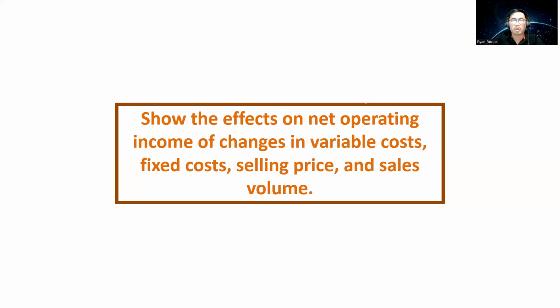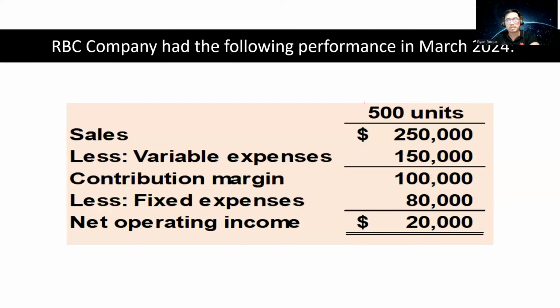So this time we will be showing the effects on the operating income of changes in variable costs, fixed costs, selling price, and sales volume. So let's have this example. RBC Company had the following performance in March 2024. We have here sales of 250,000, meaning the selling price per unit is 250,000 divided by 500 units.